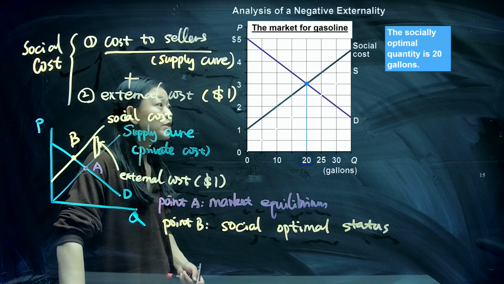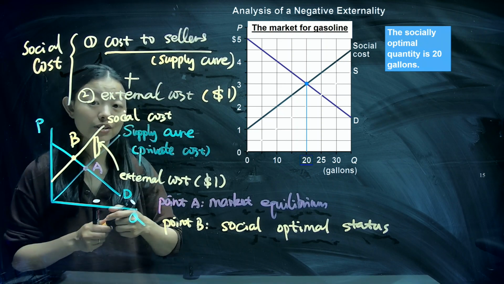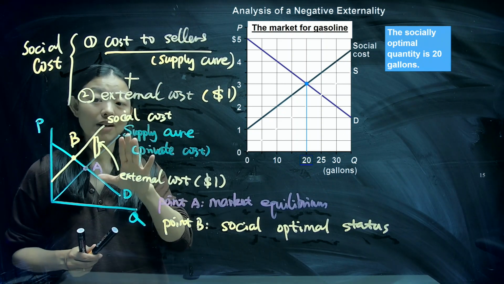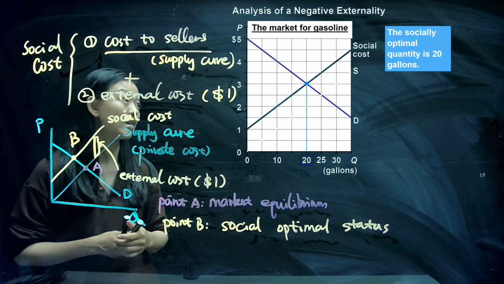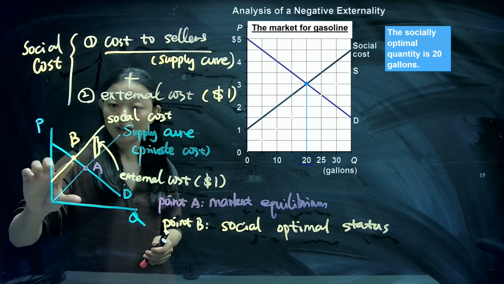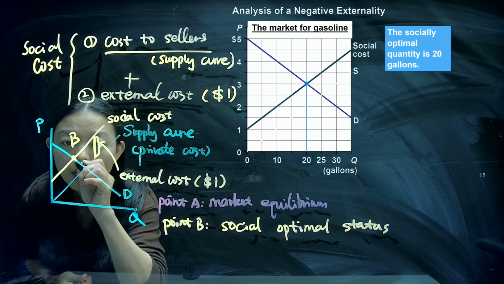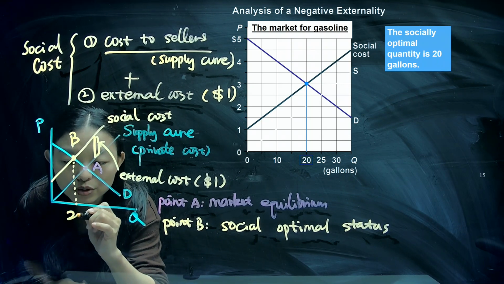So we call it the social optimum quantity. After we consider the external cost, it results in the social optimum quantity, and the social optimum quantity here is 20.